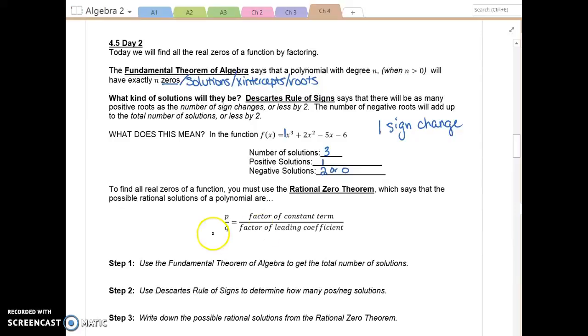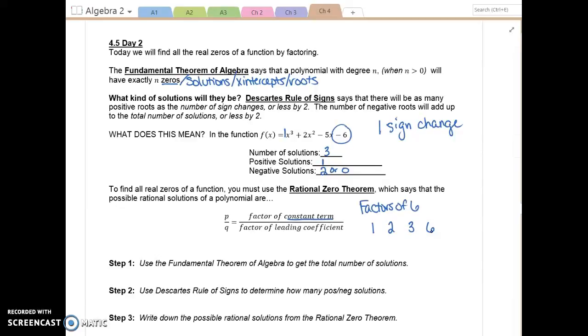So really, we don't have to deal with the fractions here like you would have to in college algebra. The constant term is the term in the polynomial that doesn't have an x. So what are the factors of 6? 1 and 6, 2 and 3. 1, 2, 3, 6.